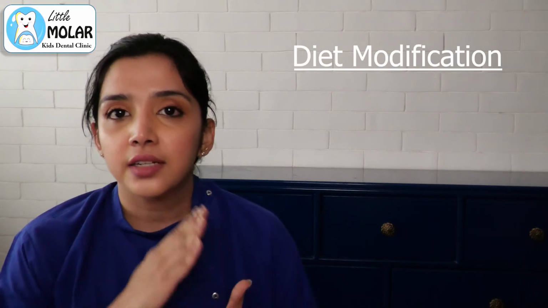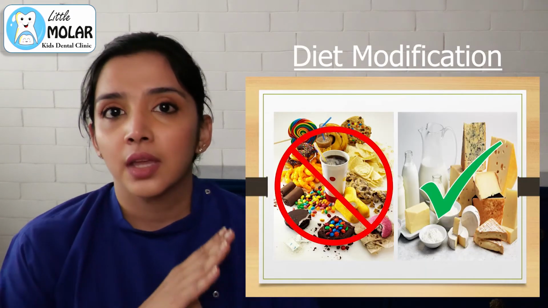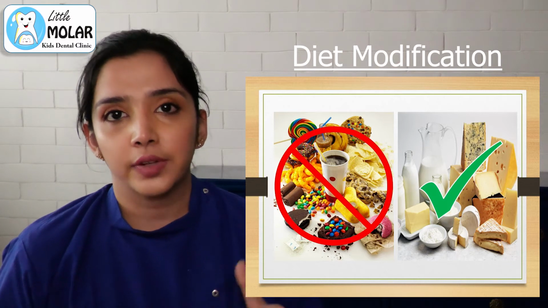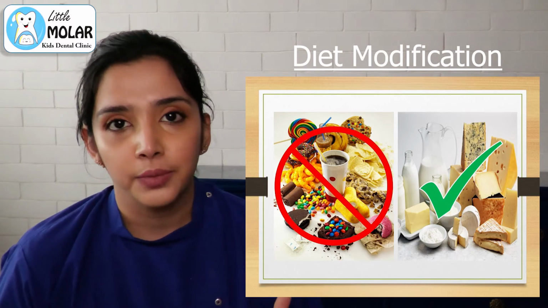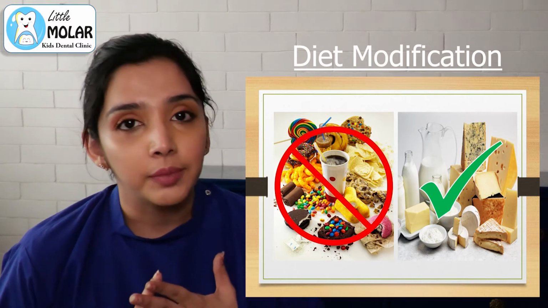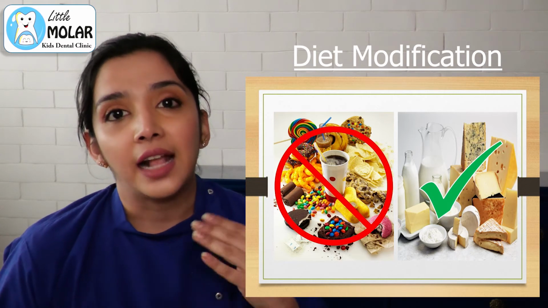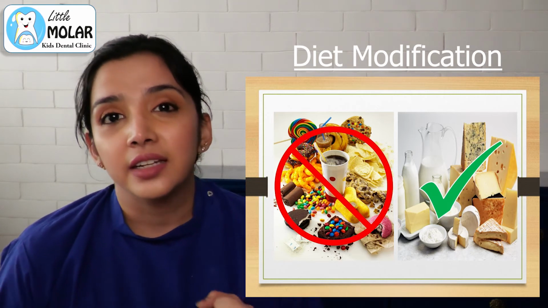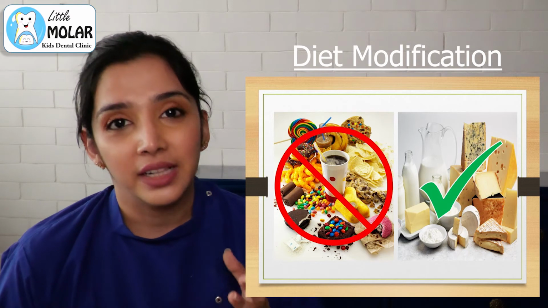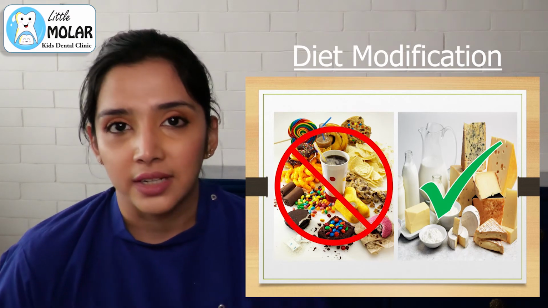See, there are two methods of combating MIH related problems at home. One is diet modification. Cut down the refined sugars. Reduce the frequency of exposure to sweet and acidic food. No soda, no carbonated drinks. Increase alkaline foods. Increase the intake of dairy products such as milk and cheese. Increase the water intake.